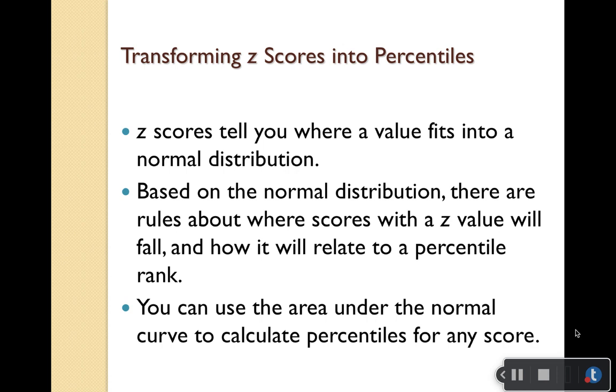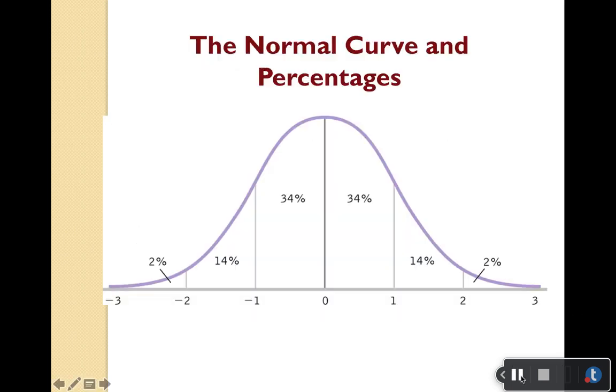So where they fall along those percentiles, how much better or worse they are compared to the rest of the population. So z-scores tell us where the value fits, and then based on that information, there's certain rules about where the z-score value will fall and how it relates to a specific percentile rank. So you can actually use the area under the normal curve to calculate a percentile once you know the z-score.